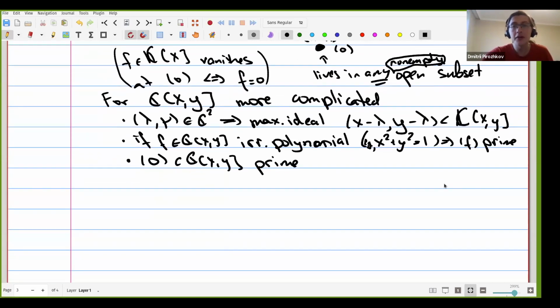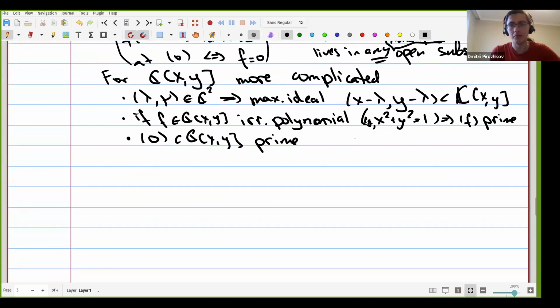So what you get is an even more bizarre space. You have C squared of points corresponding to maximal ideals that I have drawn over here. You have a fat point corresponding to the zero ideal. And then you have a bunch of ideals corresponding to irreducible polynomials in two variables.